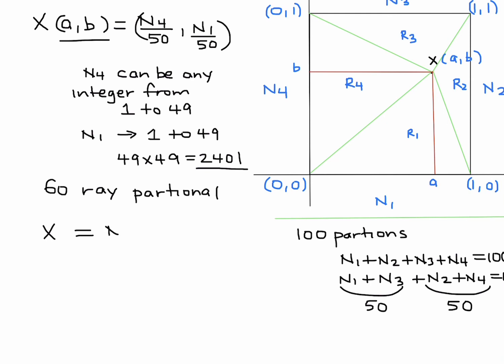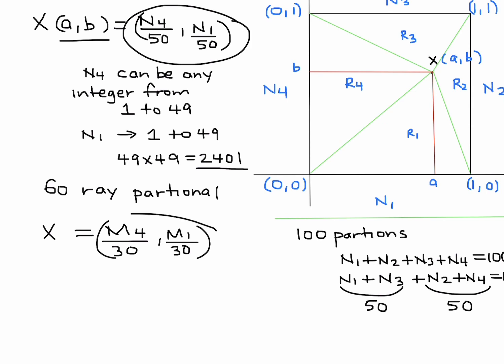The only difference is that when you get to the very end, your x would be some sort of m over 30 and some sort of m over 30, like that. Exactly how we got it up here. Everything else would be identical, except for instead of 50-50, it would be 30-30. And our question is saying, how many of these are not going to be like this?